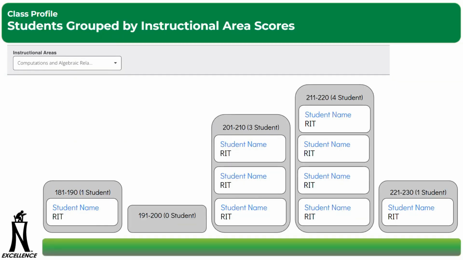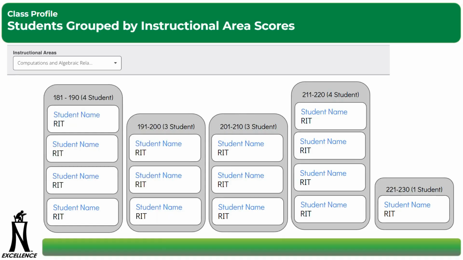What I want you to notice is that a lot of my students are above 200. If we go back and look at our sixth grade RIT scores, they are performing at or just above the norm, and I have one student who's performing below. So what are the instructional moves that I might need to make for this group?